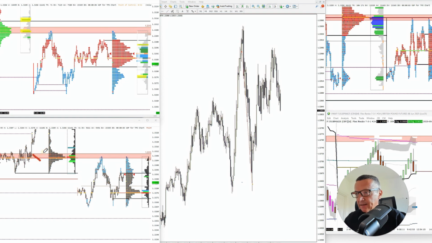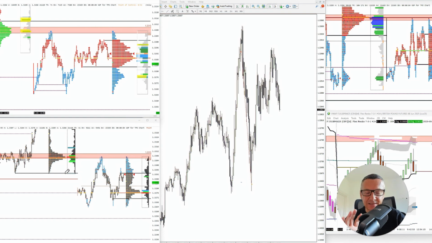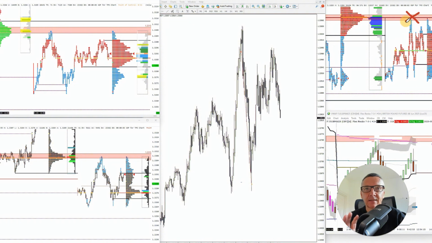this red line here, hopefully you can see it, but there is a red line there, take my word for it, is another naked point of control. So it's a naked point of control but on a smaller time frame, which is the same as this. So here I've got one confluence, two confluences, three confluences.